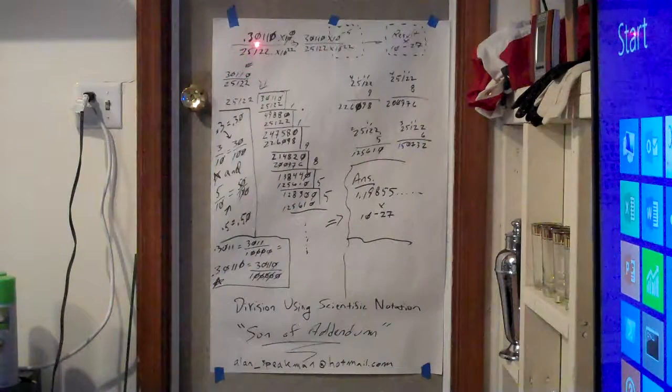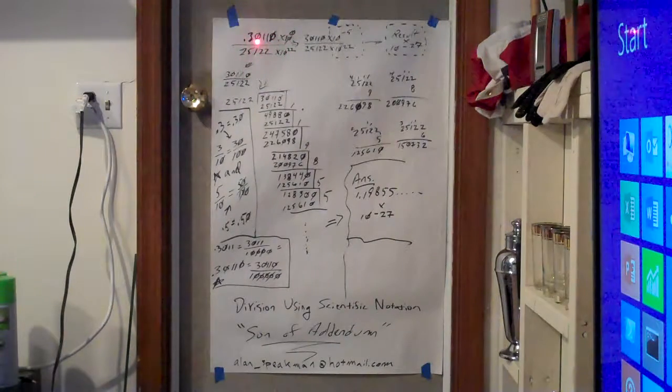We now have 0.30110 times 10 to the 0 power, knowing that 10 to the 0 does equal 1. So while we've changed the number's appearance, we have not changed its value. Okay, and what's more, that's going to get us closer to what we want right here.